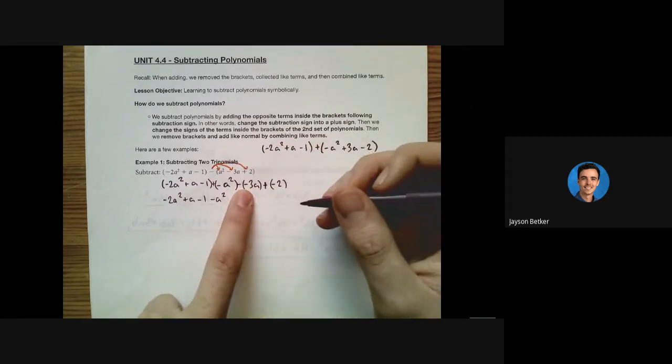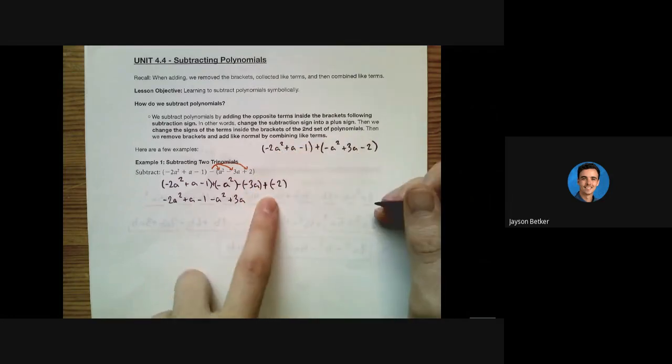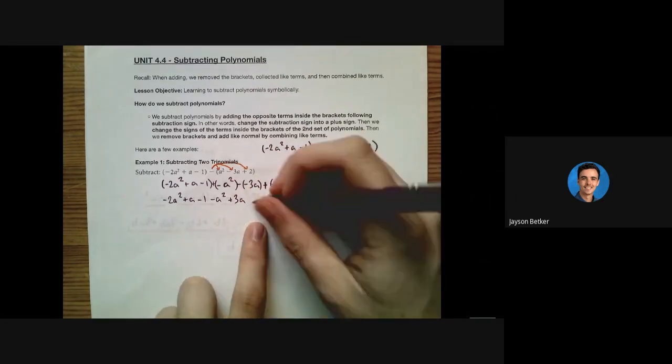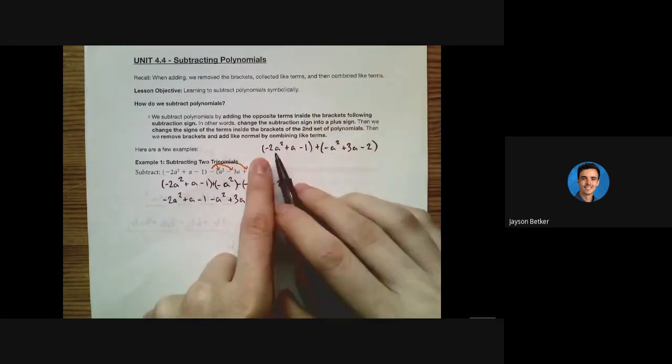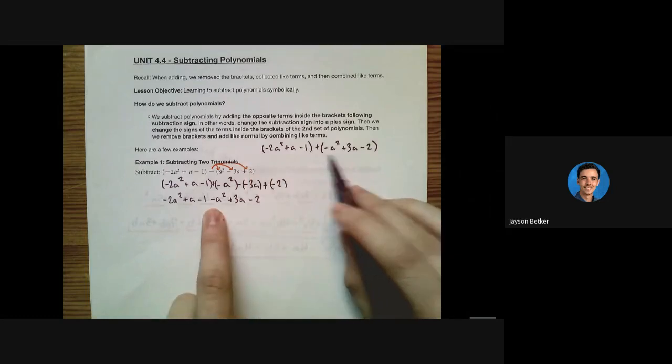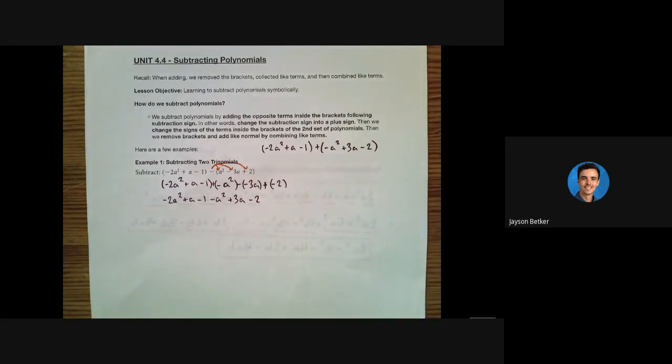Two negatives makes a positive, plus 3a, and then plus minus gives me negative 2. So if I take the brackets away up here, I get the exact same thing: negative a squared plus 3a minus 2. So that's where it comes from.